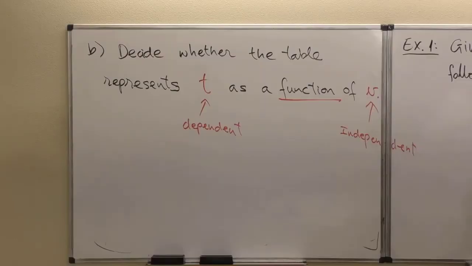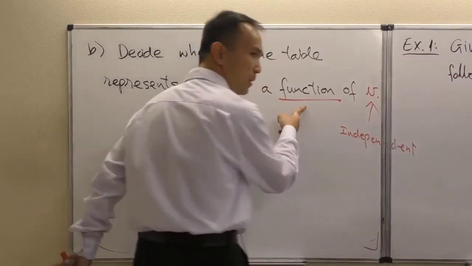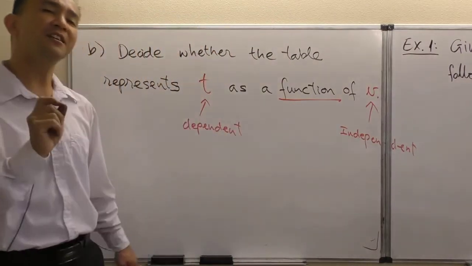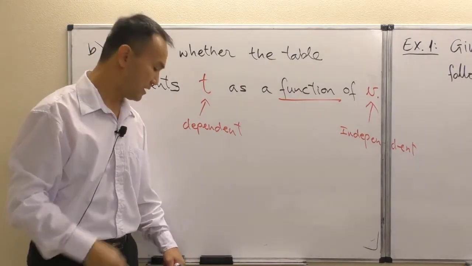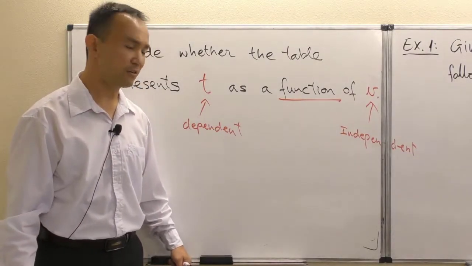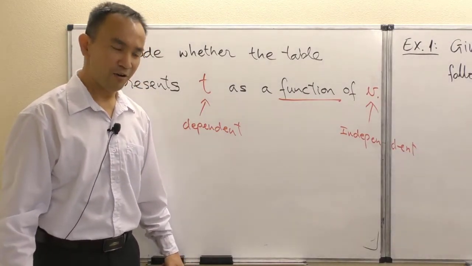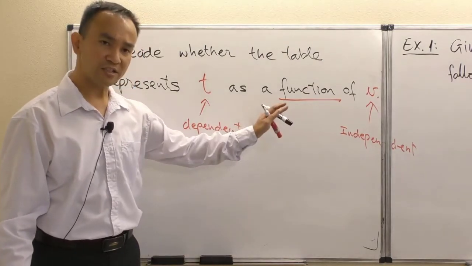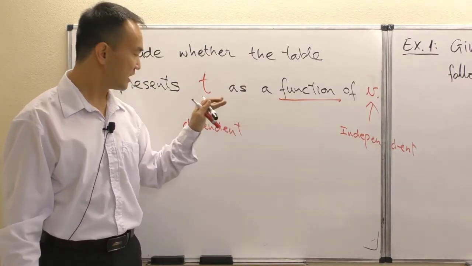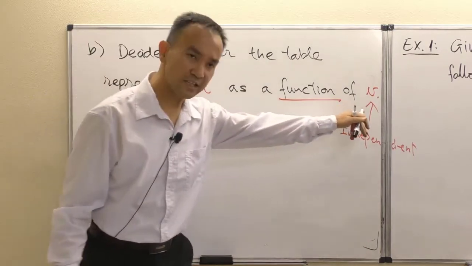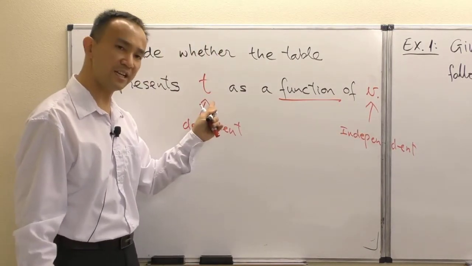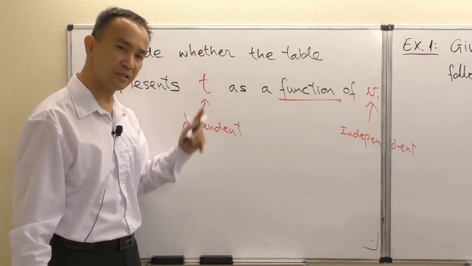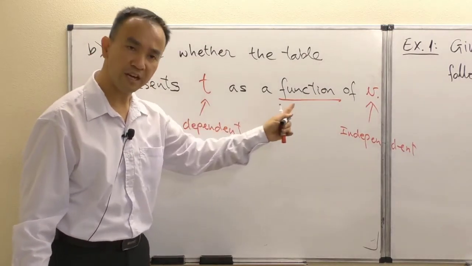That's why I've been highlighting and underlining the term function throughout the two parts of example 1. We want to decide whether that rule, taking V as the independent input and determining the output, the dependent variable, can be a function.